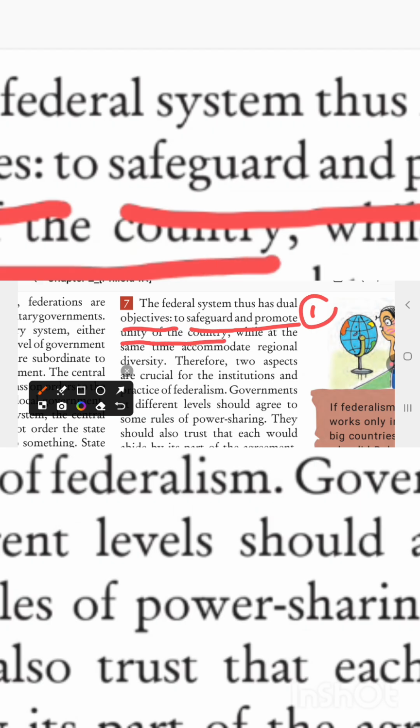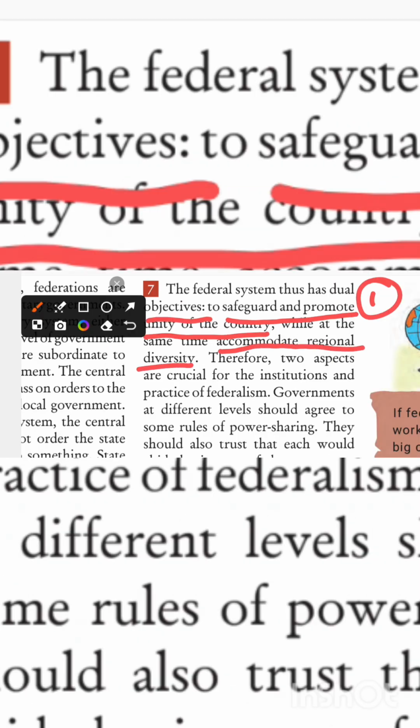The first point is to promote and safeguard the unity of the country, and the second is to accommodate regional diversity. Therefore, two aspects are crucial for the institutions and practice of federalism. Two important points: accommodation of regional diversity, and first, to hold unity, to have unity in the country. Clear?